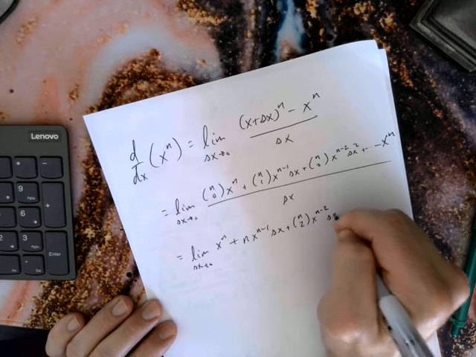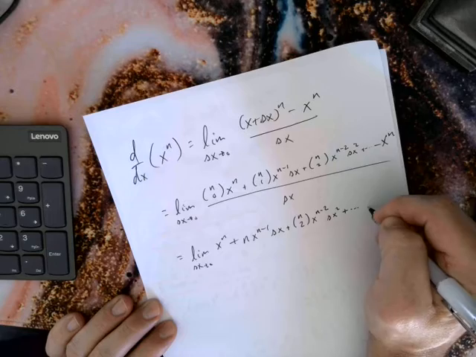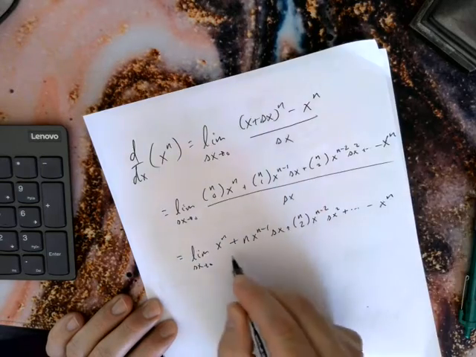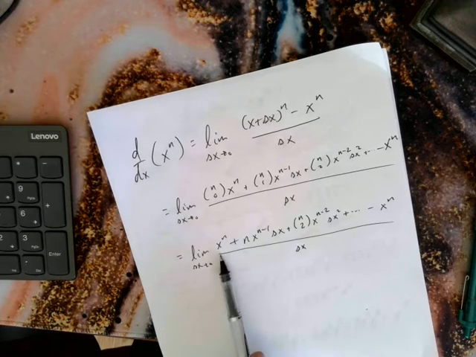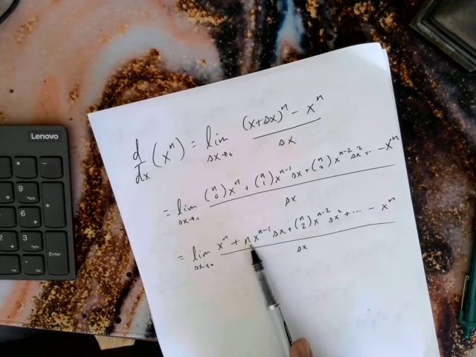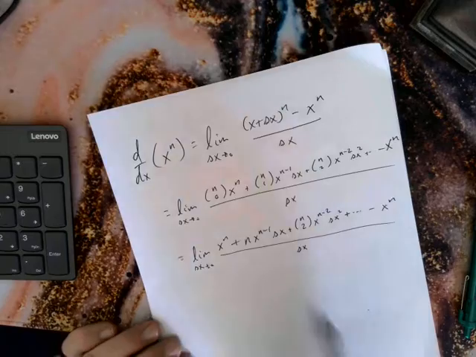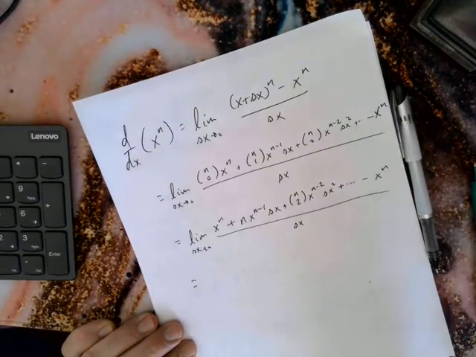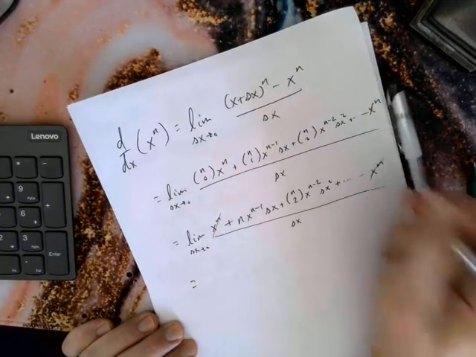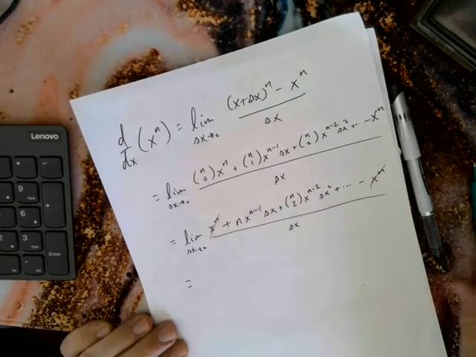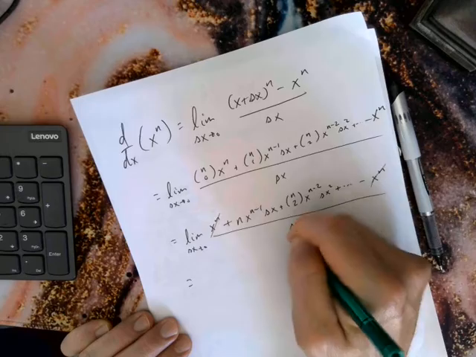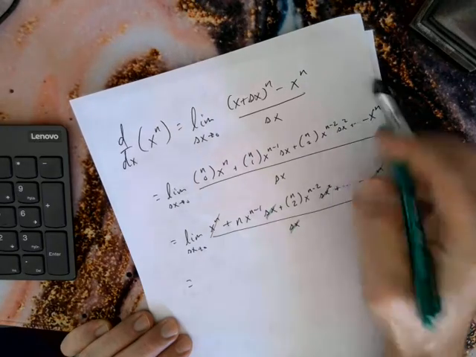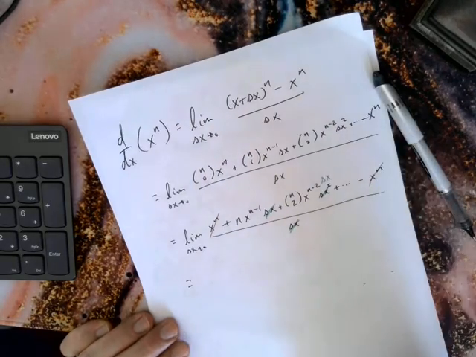Likewise, all the other terms, we don't know what they are exactly, but the first two we know. But we don't need to, because first these x to the n's cancel out. Once they cancel out, every term up here has a delta x, so one delta x will cancel off from all of them, and so on down the line.